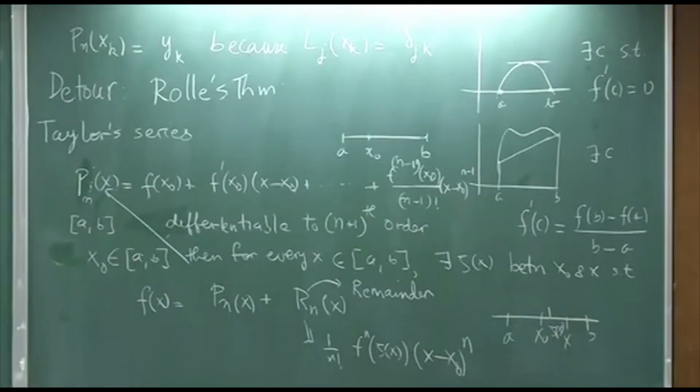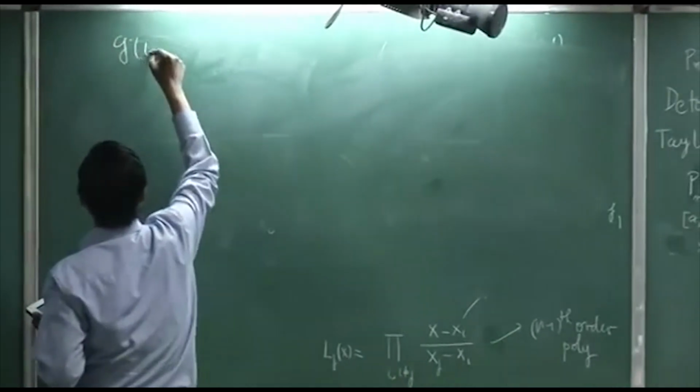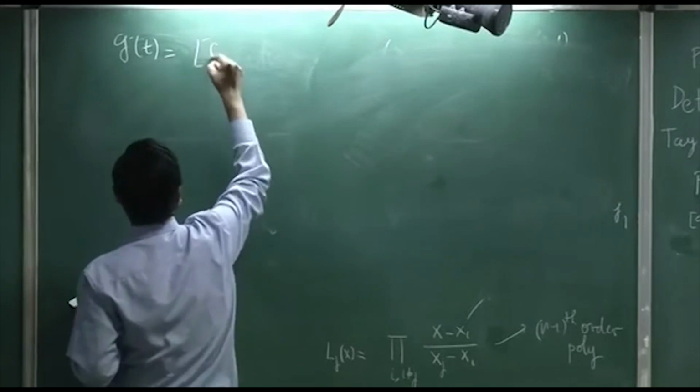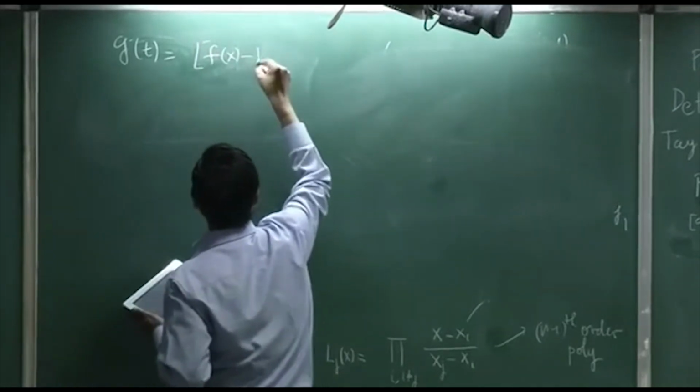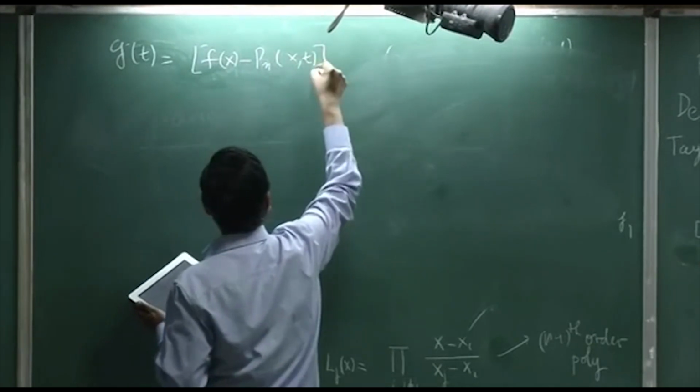So, construct a new function g of t which is f x minus p n of t.